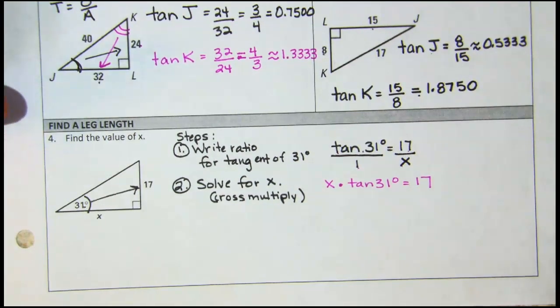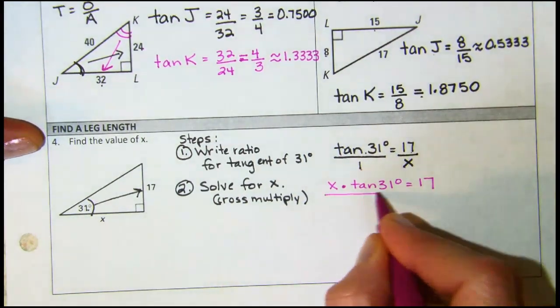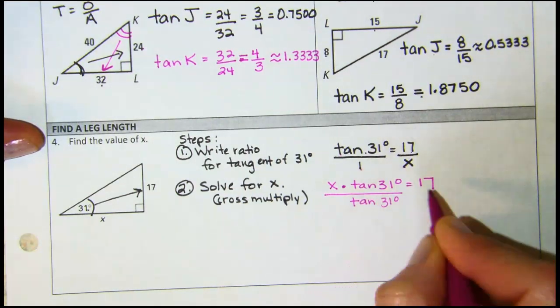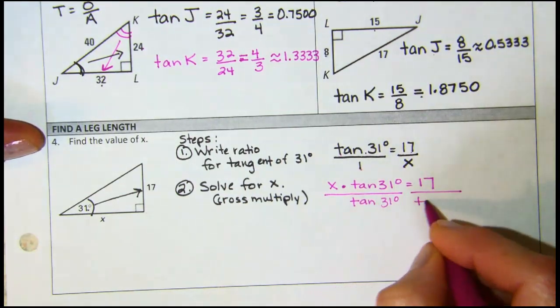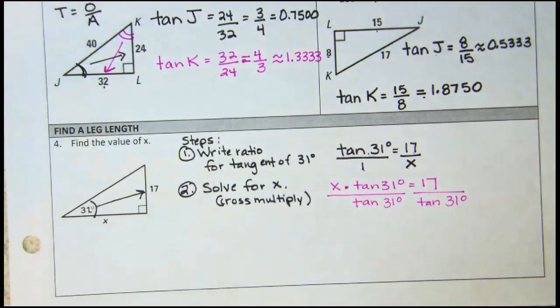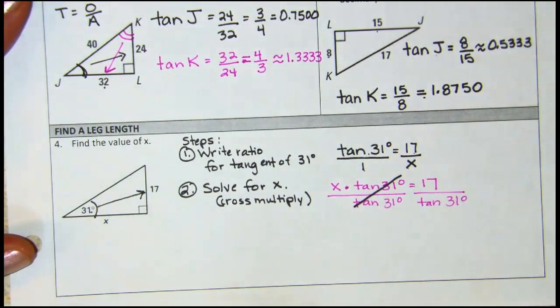Now I am asking you to solve this for x. So how would we solve this for x? Well, we are going to divide this side by tangent 31 degrees. If I do it to this side, I have to do it to the other side. So that is 17 divided by tangent 31. Now what makes this solve for x? Well, the ratio that makes tangent 31 is going to cancel out.